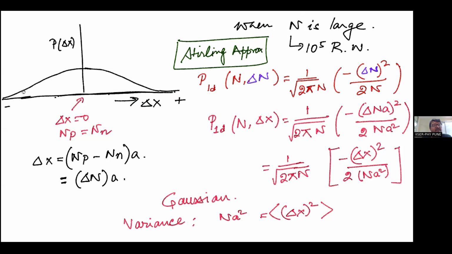So you can already have a hunch that these values will be very low at the ends. For displacement equal to 0, that is going to have the highest value when np equal to nn.